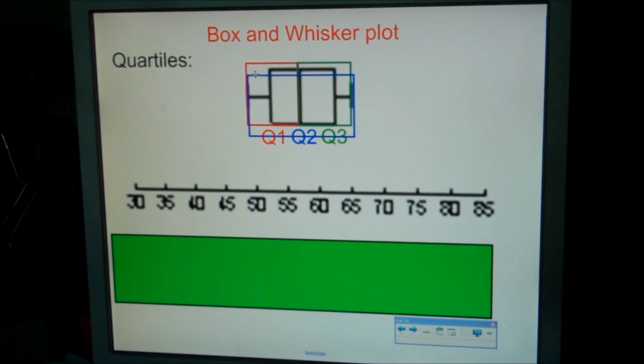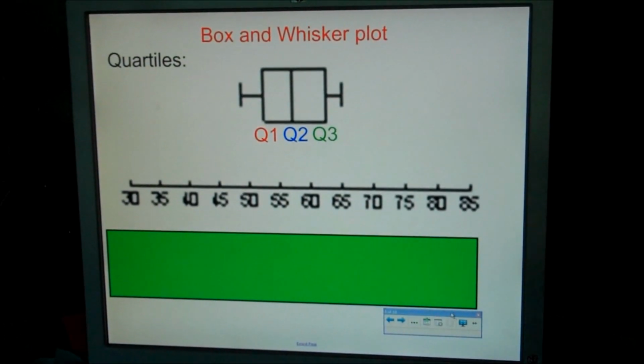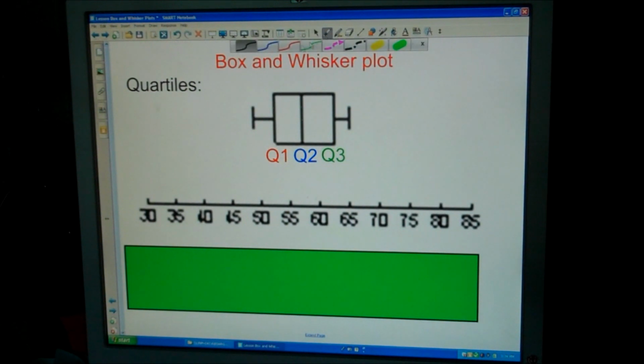And then we have quartile 2. Okay. Sorry about that. I'm back. I know what I'm talking about now. Alright. Quartile 1 is right here. And this is what I was going with.